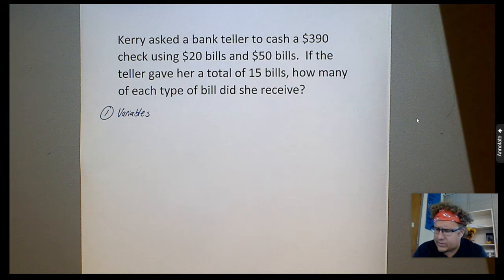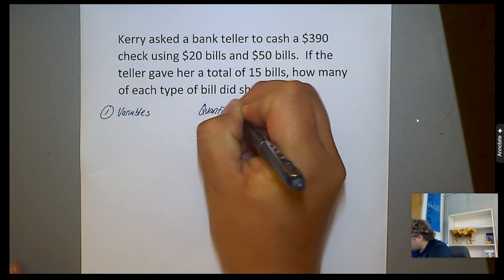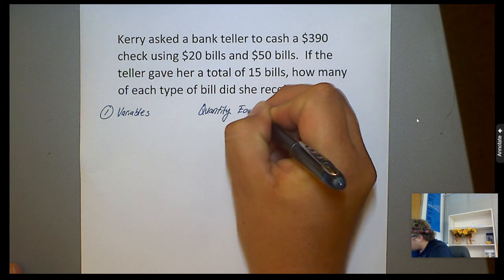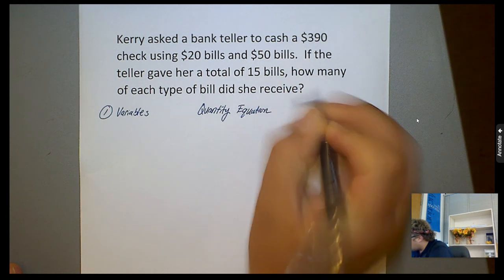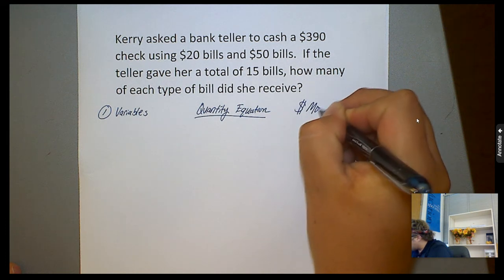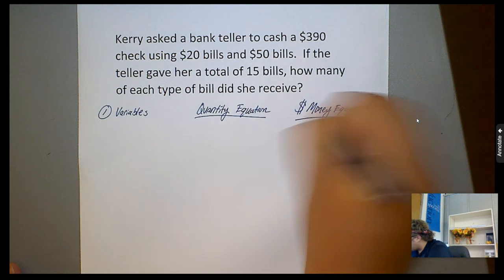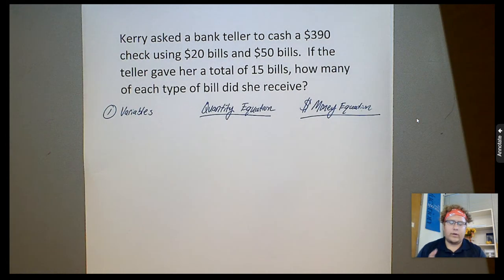That's really where you need to start off. And we're going to need to have a quantity equation, and then we're going to have our money equation. So now that we know that we're going to have a money equation and a quantity equation, now we have to make those variables.